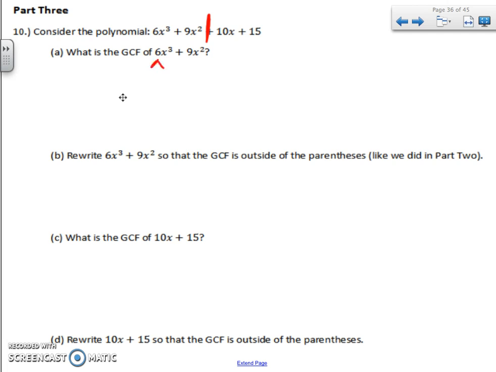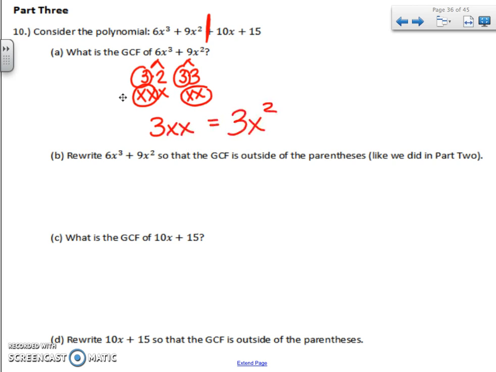So I know 6 is 3 times 2, and there were 3 x's. 9 is going to break down into 3 times 3 with 2 x's. So they have a 3 in common, and then they have 2 x's in common, and that would make that 3x squared, okay? So that is my GCF of the first 2 terms.